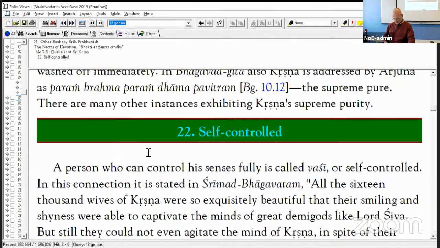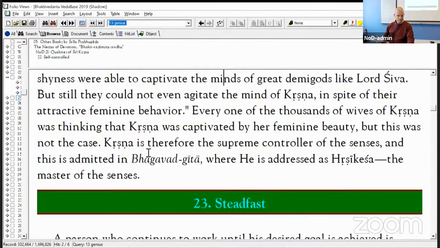Okay. Self-control. That is Shuchi, this is Vashi, self-controlled. And you can see we have the ideal of the family life.